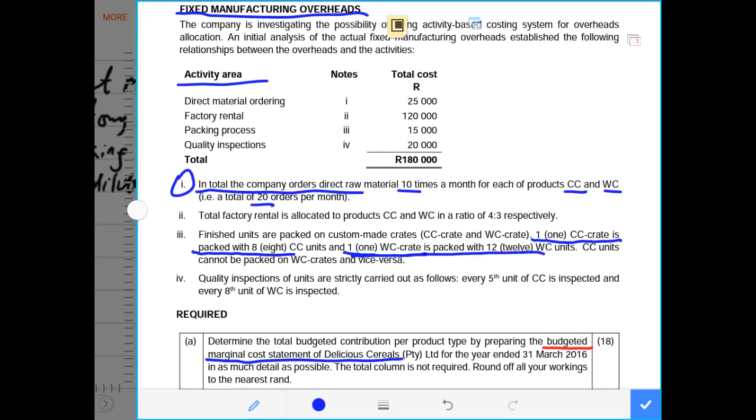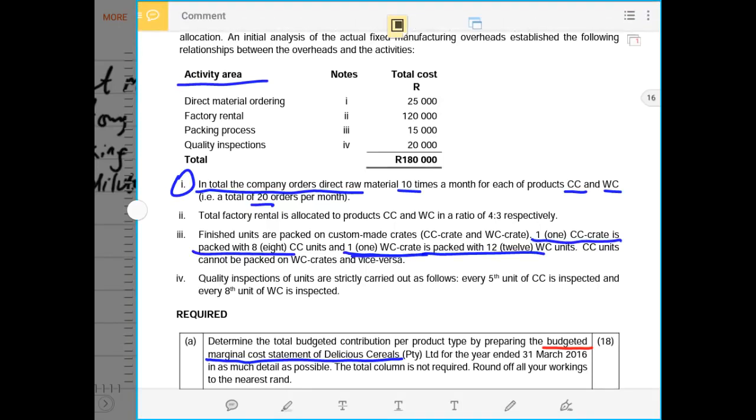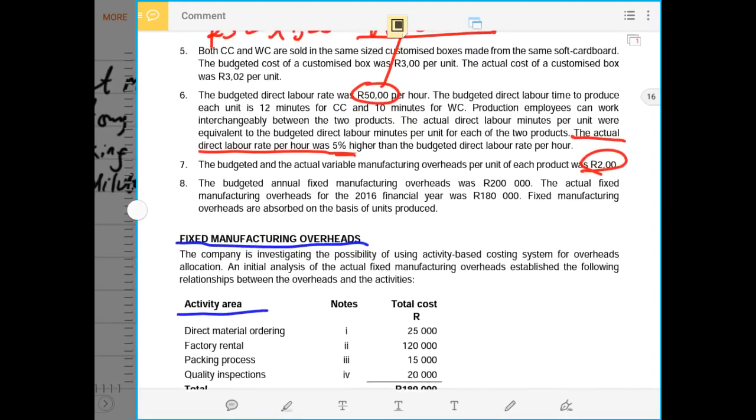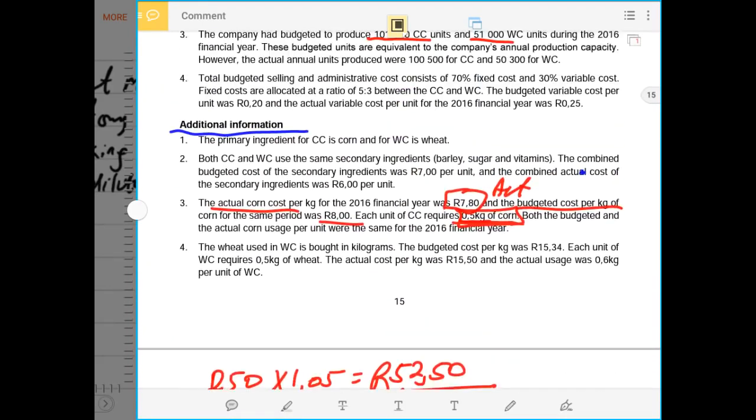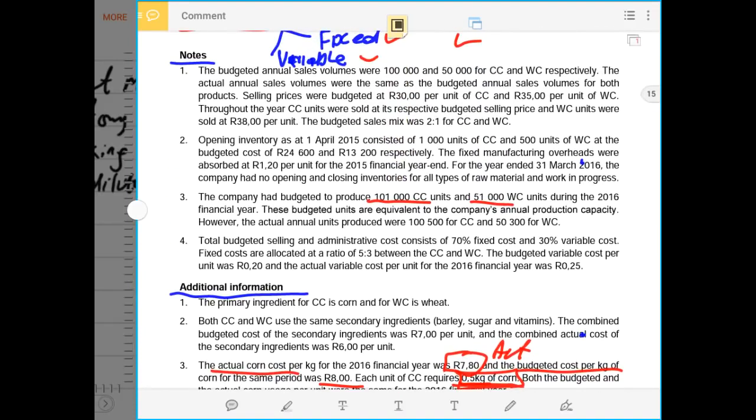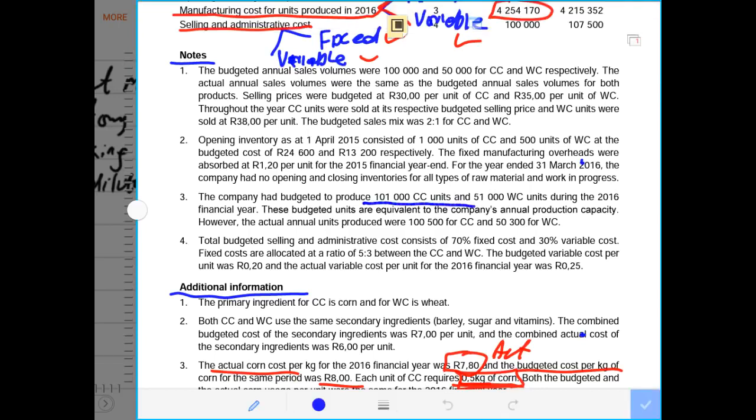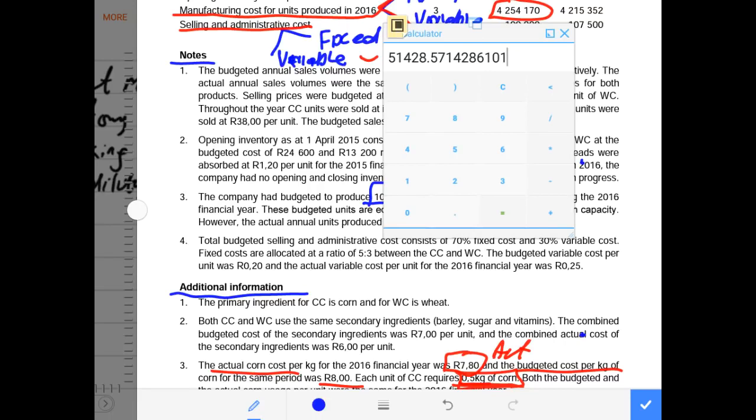So now we need to know the number of crates, meaning the number of 8 units that are in the total budgeted production, which is the 101,000 units that we budgeted to manufacture, because our budgeted production was based on the 101,000 units and 51,000 units. So when you're calculating the number of crates, we'll calculate based on these units, which will be 101,000 units.